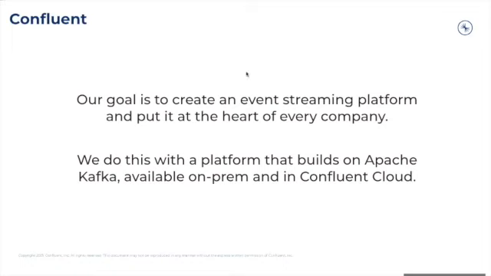But we view it as a real part of the future, and we do that with an on-premise platform called Confluent Platform that builds on Apache Kafka, and also a fully managed service called, famously, Confluent Cloud. Confluent Cloud runs a hosted version of Kafka and Kafka Connect and ksqlDB for stream processing and a number of other features as well.